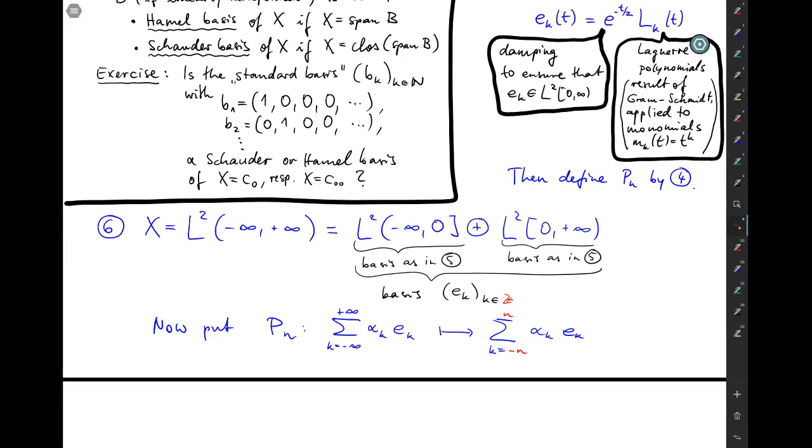And again, it's clear that if you repeat that process, you don't change the result anymore, and that if you move n out to infinity, then you get convergence to the original element.